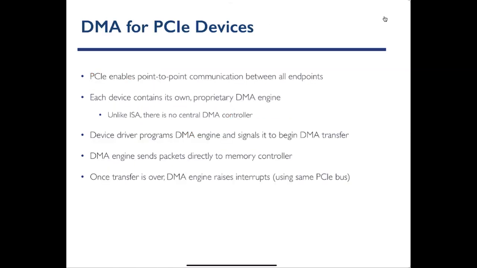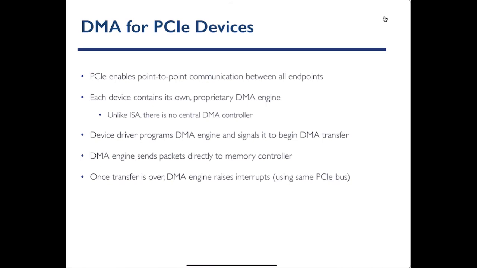Now, when it comes to PCIe devices, usually each one of them has a DMA engine, or a bunch of DMA engines, not just one. Now, these are proprietary DMA engines implemented within the device. So for example, your SSD probably has a bunch of DMA engines. Your NIC card has a bunch of them. Your GPU has a bunch of them.